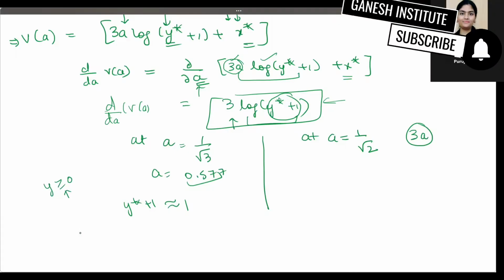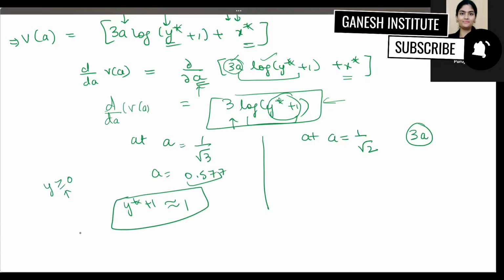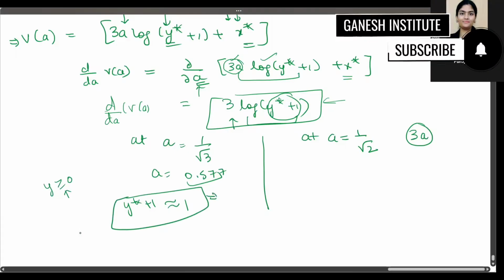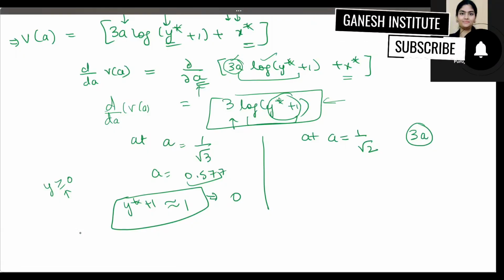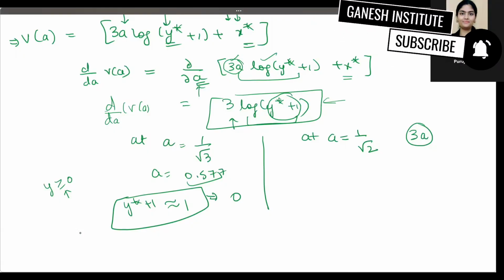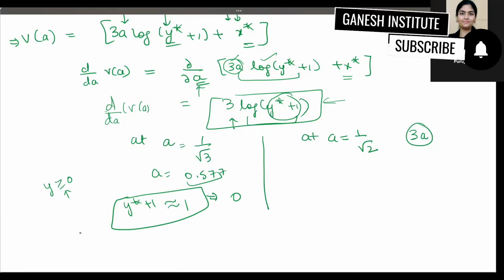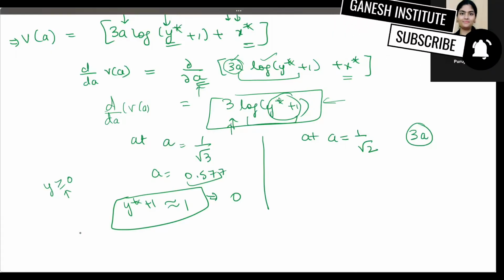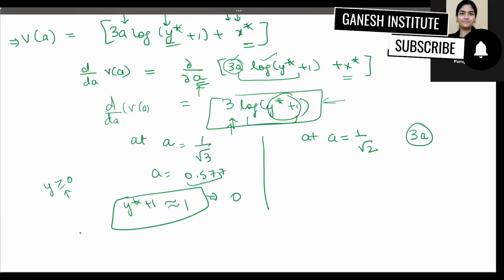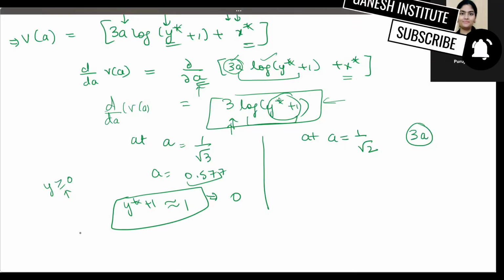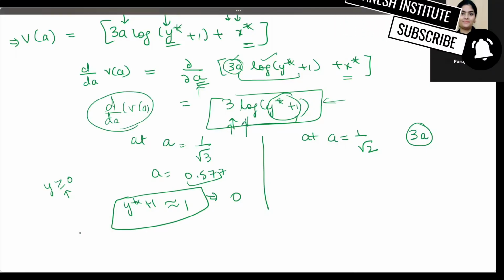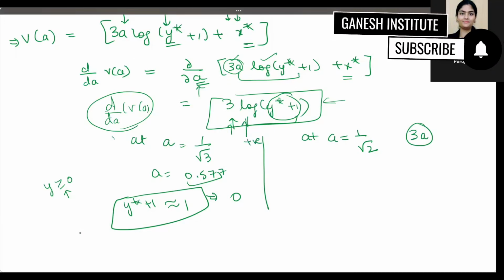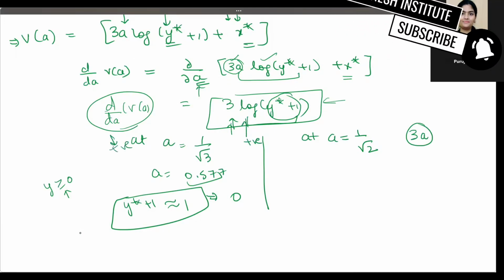If I substitute that, it is almost coming out as log 1, and log 1 tends to 0. So what is happening? You will see that this derivative is going to increase. If it is increasing, then you will get a positive slope.